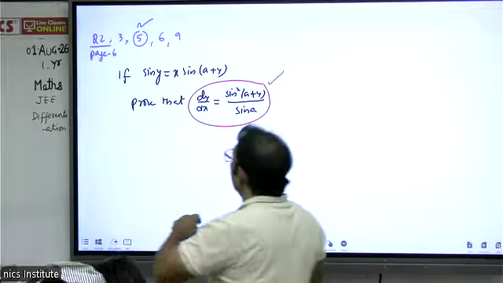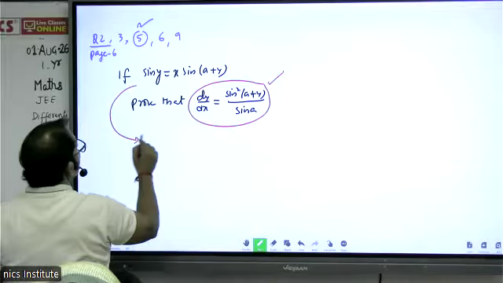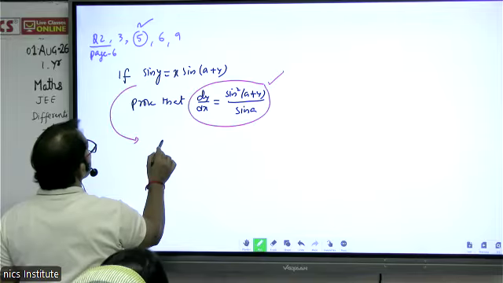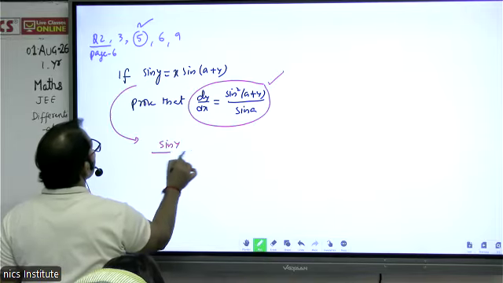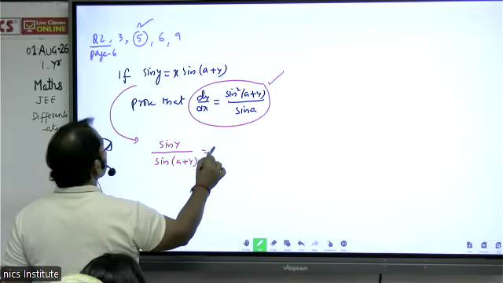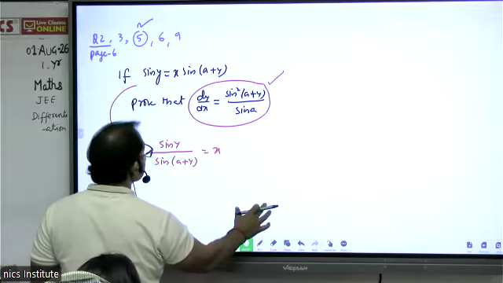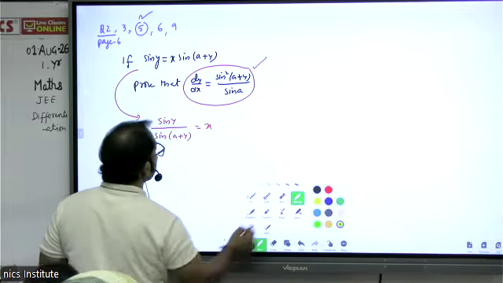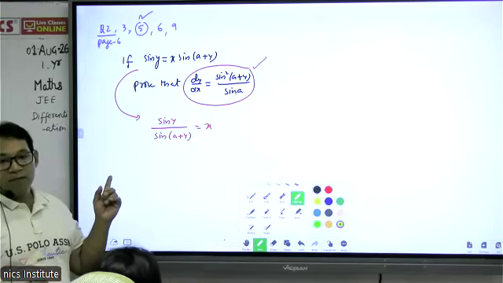Now see, I would do by a different method because I know that since there's no x on the right side, I'll do it like this. I'll write this as sin y divided by sin(a + y) equals x. इससे एक ही स्टेप में आंसर आ जाएगा. If you do it directly like this, there is no need of substitution. This is a shortcut method.